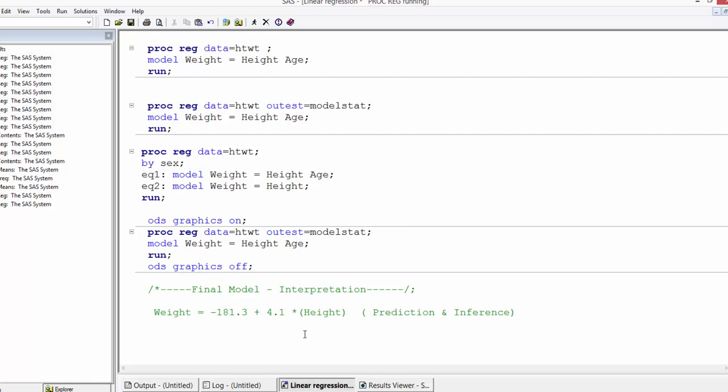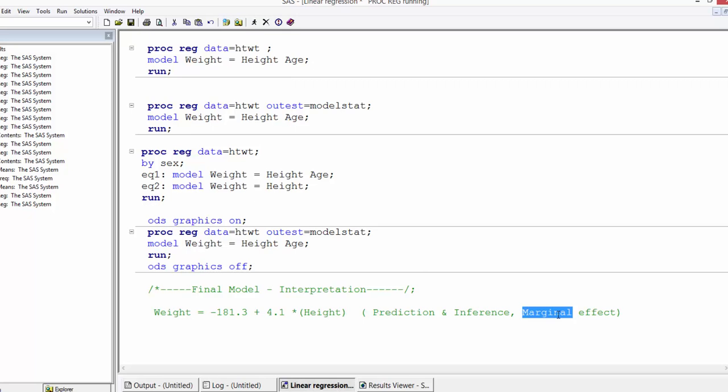Another important thing you can also find out from this equation is a marginal effect. So there are three things you can actually find out from this equation: prediction, inference, and the marginal effect. We know what is prediction, we know what is inference.